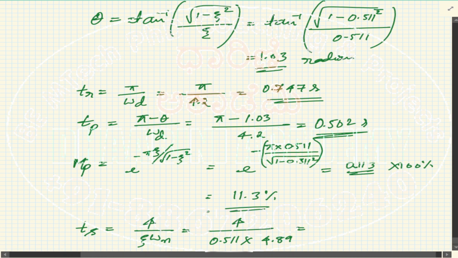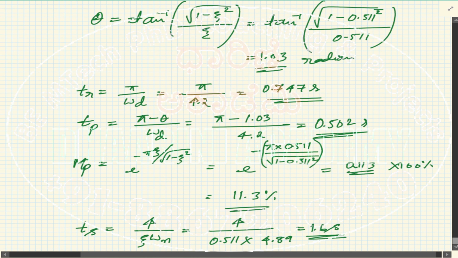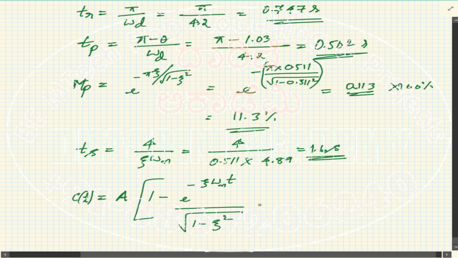Right. Then we have what's the next question? That Ts is over c of t, right? So the equation of c of t needs to be considered. In general, first we'll write this is A into 1 minus e to the minus zeta omega n t, whole divided by root of 1 minus zeta square, times sine of omega d t plus theta, right?